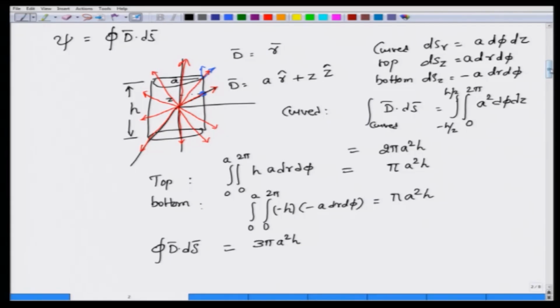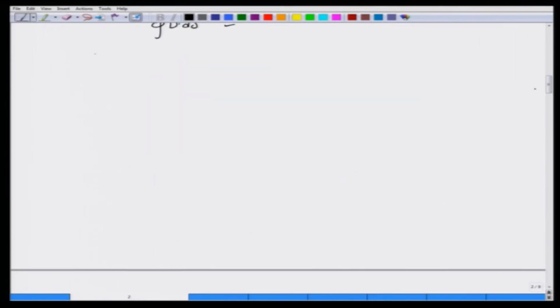We have already discussed that the integral over the closed surface of D dot dS can also be written in terms of its divergence, that is, del dot D over the volume enclosed by that particular surface. So, let us evaluate del dot D, in this case for cylindrical coordinates. If you evaluate del dot D for cylindrical coordinates, you are going to get a constant value of 3.